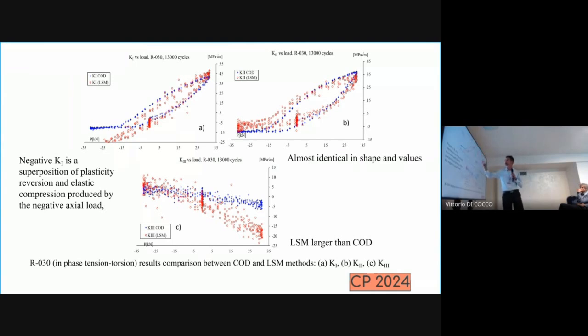Here, for example, we see that both methods agree, except for this part where the load is negative. The COD shows a corresponding curve, the over-deterministic doesn't. But for a negative load, it doesn't make sense to have a K1 because the crack is closed, so K1 doesn't exist. For mode 2, we almost agree.